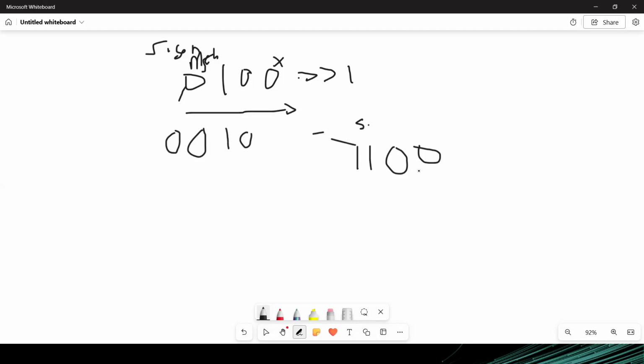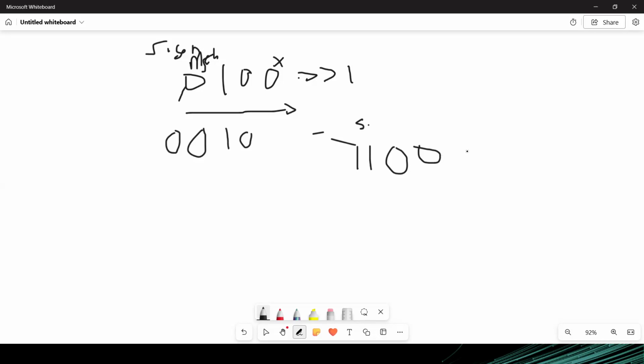Then 100 is 4, so this is minus 4. Using the signed magnitude, but of course not the 2's complement, let's assume that this is from using the signed integer, where we use the most significant bit to represent the sign. So here we have minus, which is a negative number, and this is actually 4.